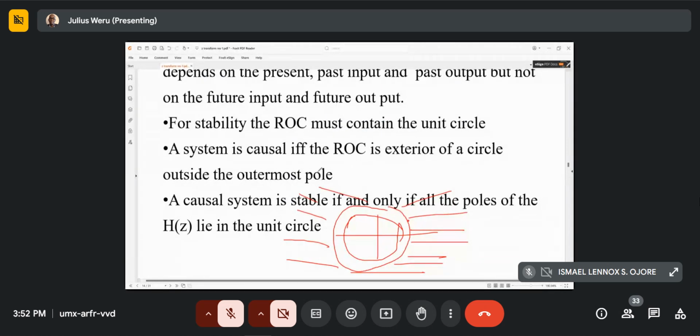If you meet those two conditions, that's the only condition for a causal system to be stable. I hope so far so good, the logic behind that.